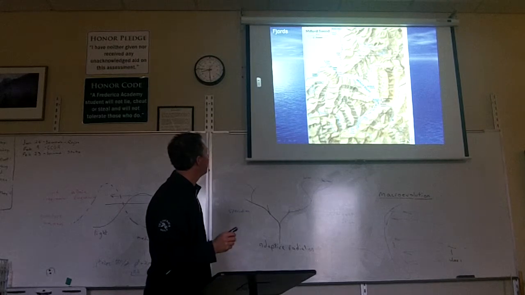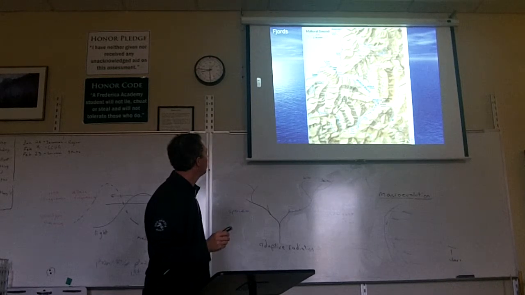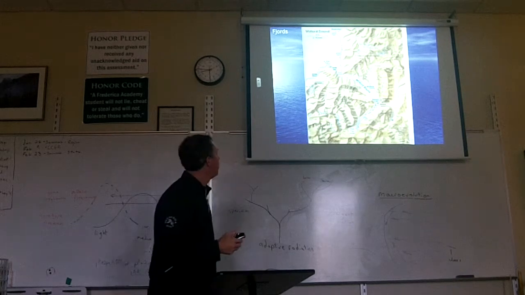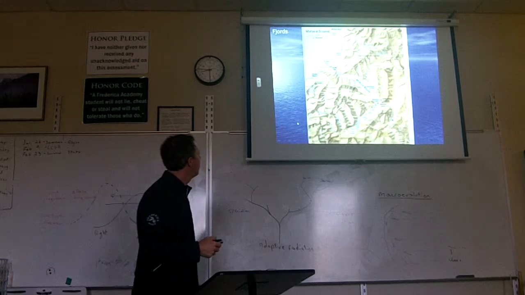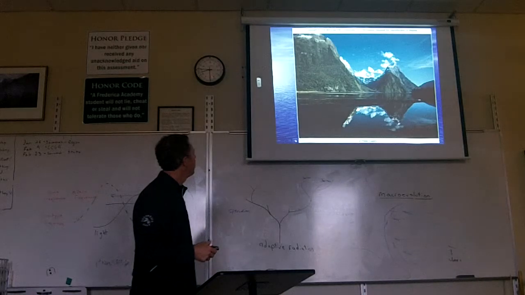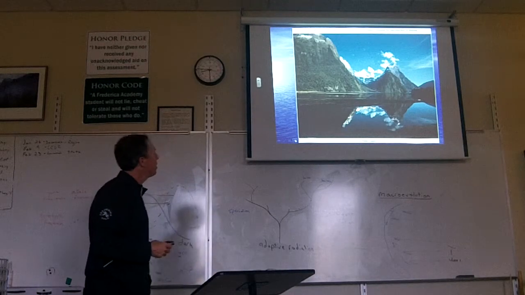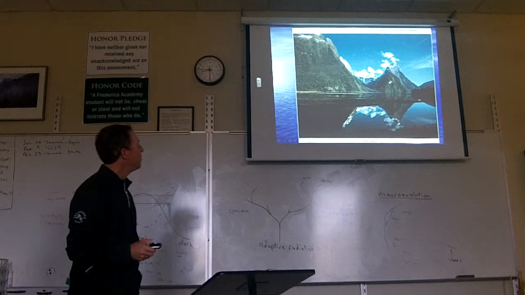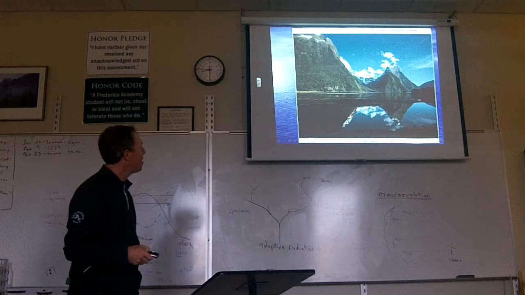I think this is in Finland or Sweden or somewhere. Look at that. Fjords are really beautiful because, I mean, look how sharp that rock is. See, there was a glacier that came out through there.